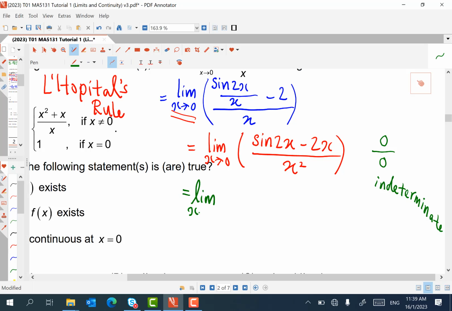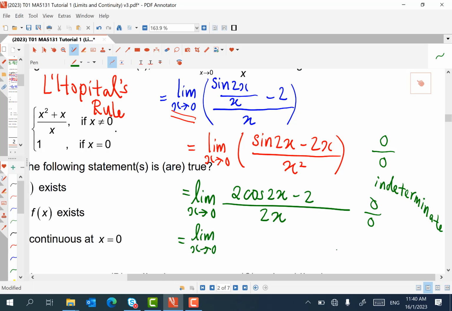How do you apply it? You differentiate the numerator and then you differentiate the denominator. Again you find that when x goes to 0, you again have the indeterminate form. You can then do it once more, just differentiate. And this therefore gives you 0.